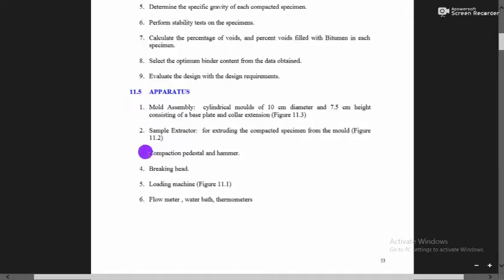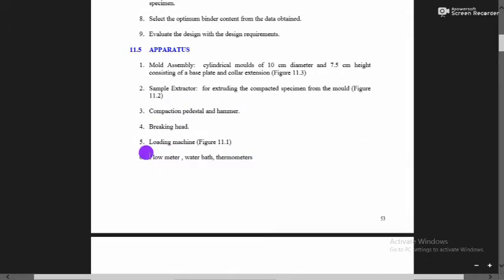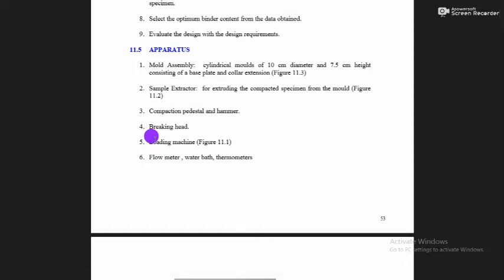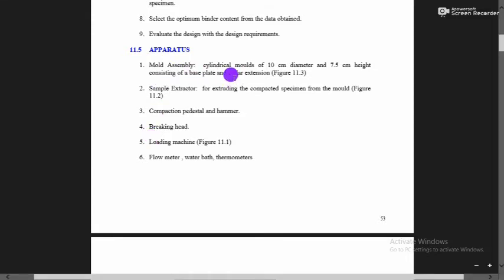11.5 Apparatus. 1. Mold assembly: cylindrical mold of 10 cm diameter and 7.5 cm height, consisting of the base plate and the collar extension. Figure 11.3. 2.